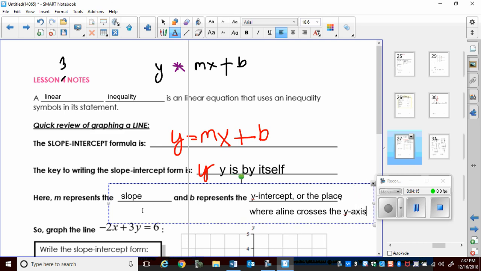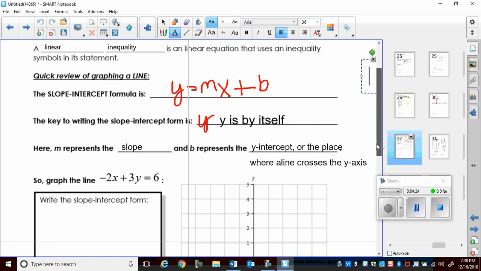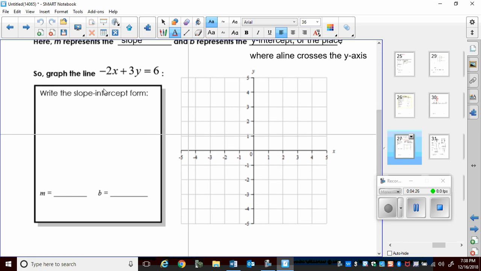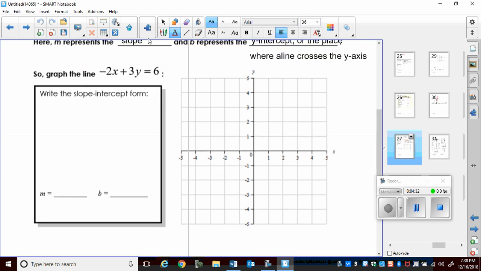That's my y-intercept. The first problem says graph the line negative 2x plus 3y equals 6. The concern here is that y is not by itself, so we need to get it in slope-intercept form. I'm going to rewrite this: negative 2x plus 3y equals 6.